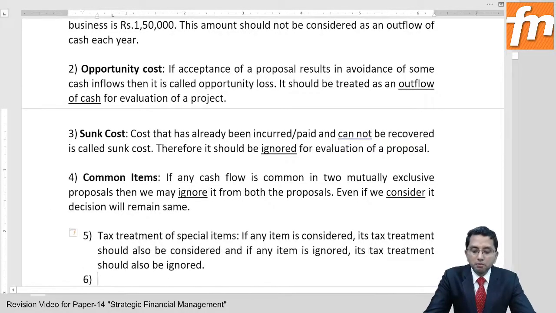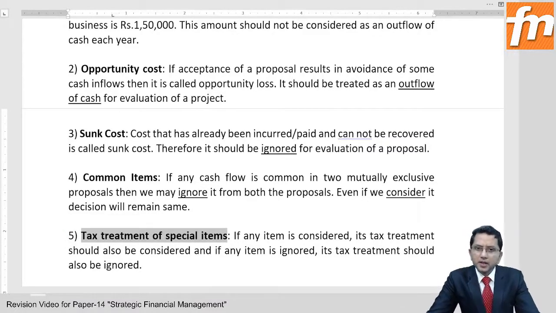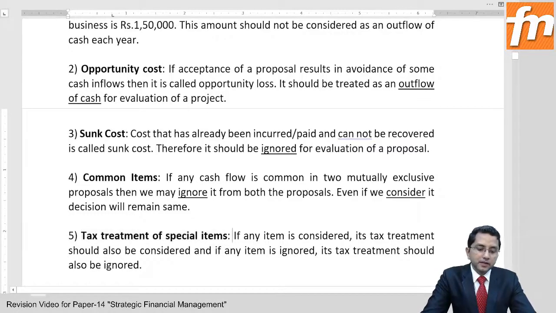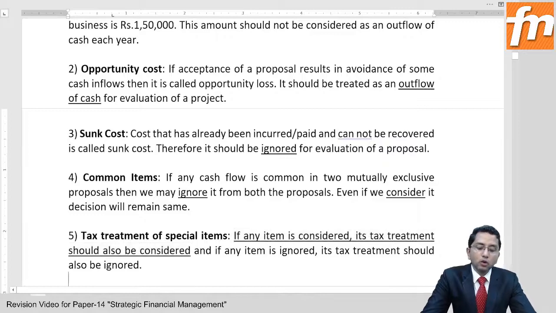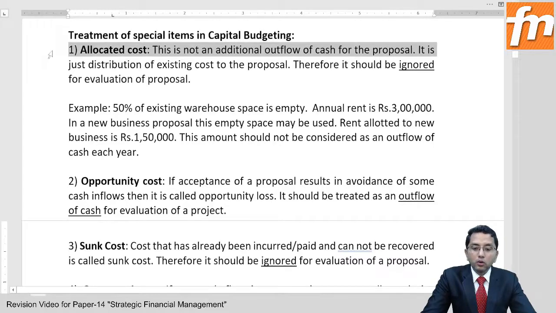Now, one very important point, that is tax treatment of special items. A very simple rule of thumb is there. If any item is considered, its tax treatment should also be considered. And if any item is ignored, its tax treatment should also be ignored. Like you are ignoring allocated cost, so tax benefit on allocated cost should also be ignored.